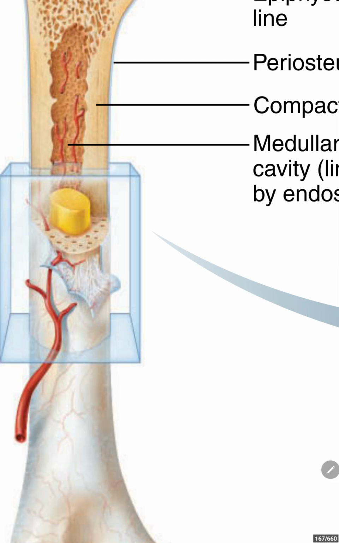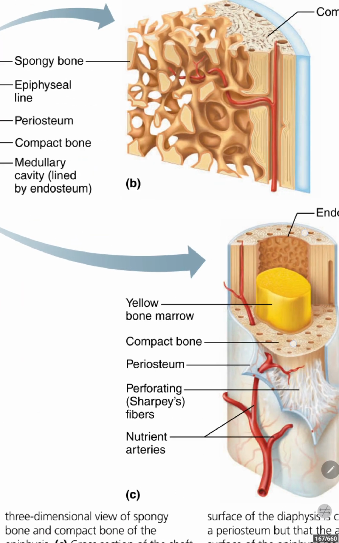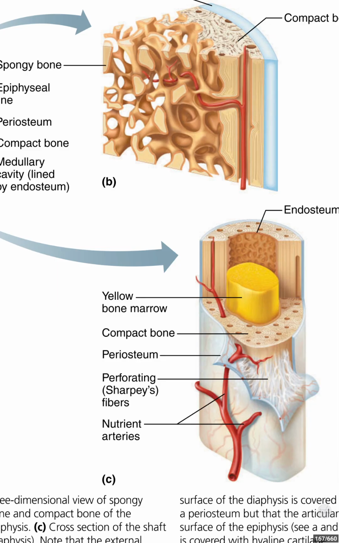Then we have here now the yellow marrow, which is kani siya. So si yellow marrow, guys, okay, i-explain nako. When we reach adulthood, ang atong yellow bone marrow mo form.